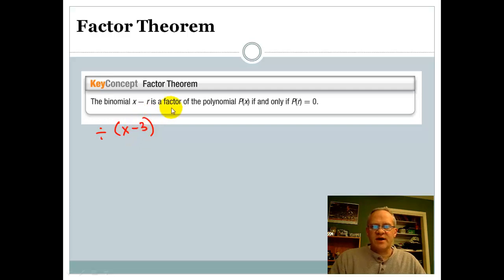It just says if you divide it out and you get 0 for your remainder, then this x minus 3 is a factor. That's basically what it says. So if you divide it out and you get 0 for a remainder, then it's a factor. Okay, so let's look at a few examples there.